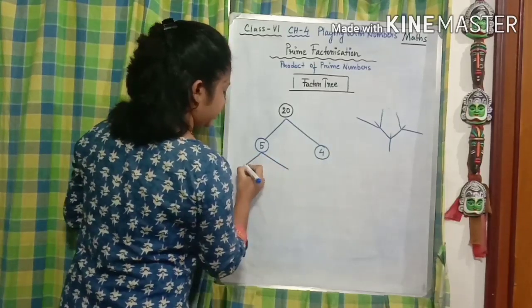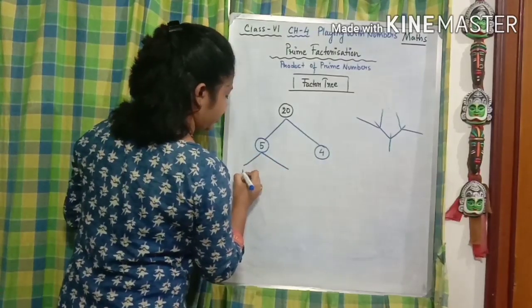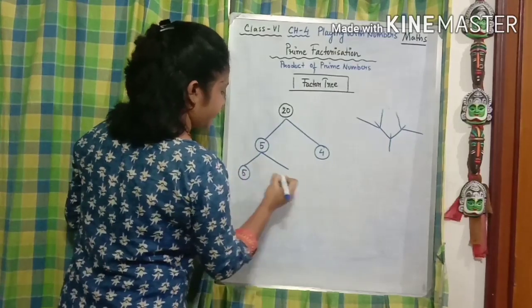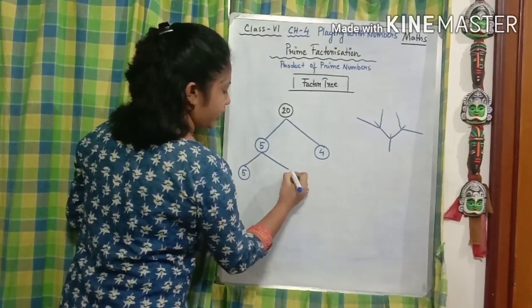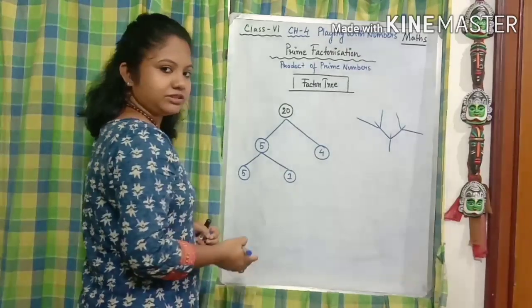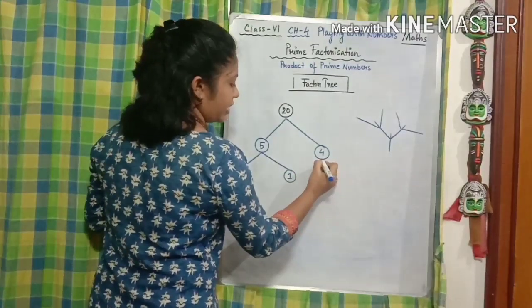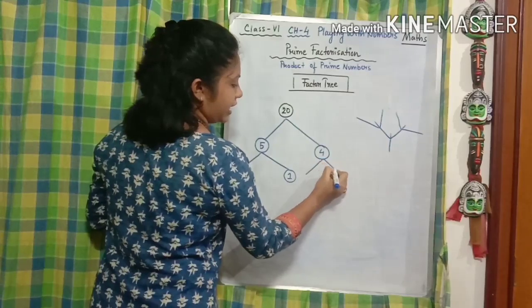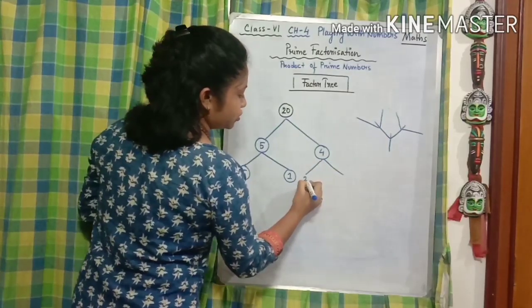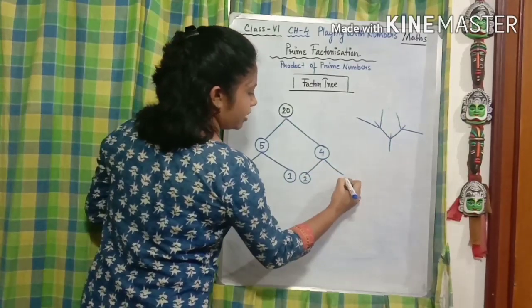5 can be branched out further into 5 ones are 5, right? And 4 can be branched into 2 twos are 4.